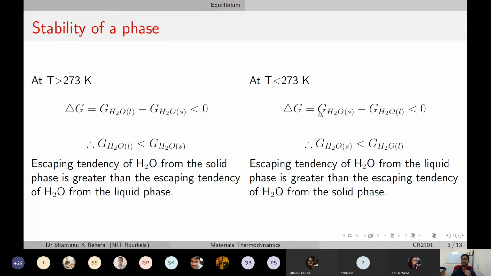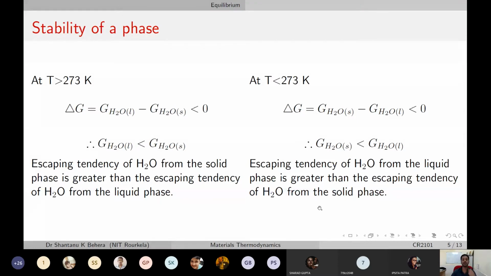Now that implies the molar free energy of solid water is lower than the molar free energy of liquid water. And that means the escaping tendency of water from the liquid phase is higher than the escaping tendency of water in the solid state. That means water likes to be in the solid state at a temperature less than 273 Kelvin.